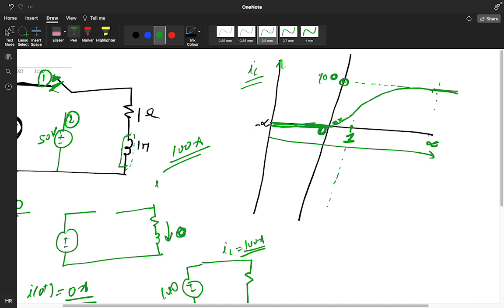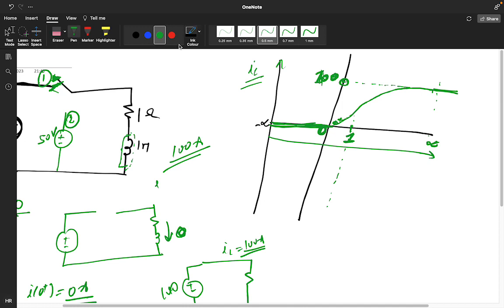Okay, this graph you are understanding, Priyanka, what I am doing? Yes, sir.